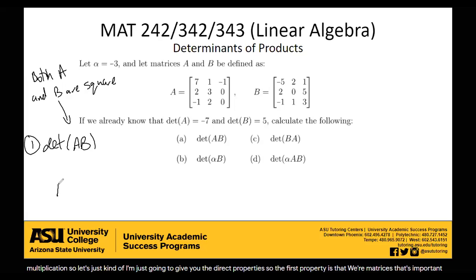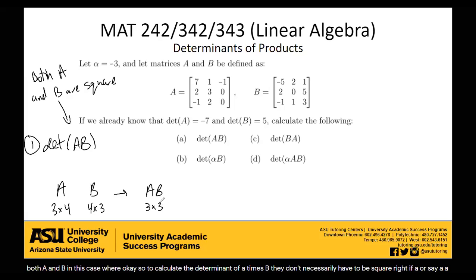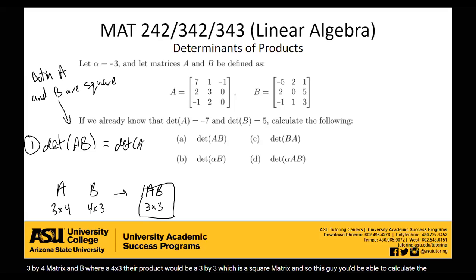If A were, say, a 3 by 4 matrix and B were a 4 by 3, their product would be a 3 by 3, which is a square matrix, and so you'd be able to calculate the determinant of it. But in this formula I'm about to show you, the determinant of A times B is the determinant of A times the determinant of B. You can sort of split it.